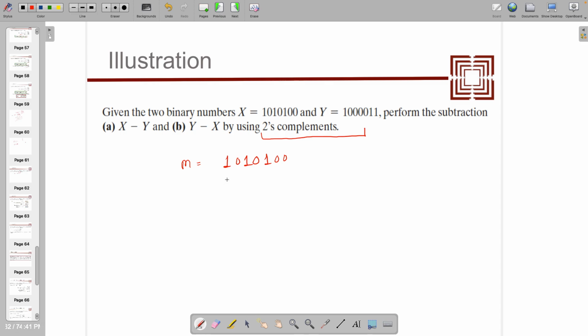And the other one is 1 0. Can somebody tell me what is the 2's complement of this one? Because that one has to be added, right? 2's complement: 0 1 1 1 1 1. So this is the one. This is correct, no?